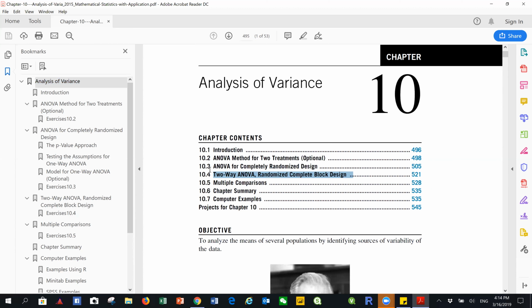For two we can just use t, as shown here in section 10.2. But if we have three, you may ask why we don't just use a t-test three times: compare mu1 with mu2, then mu1 with mu3, and then mu2 with mu3.